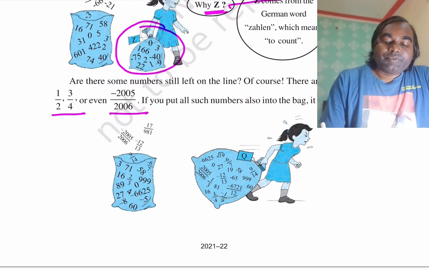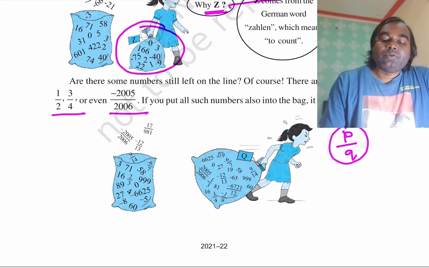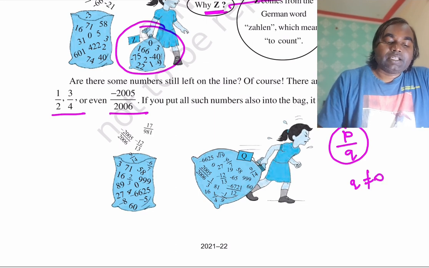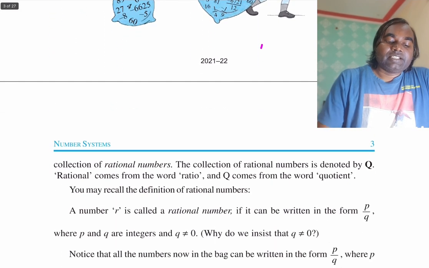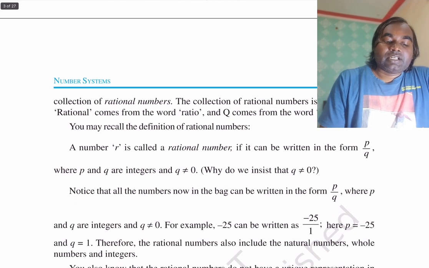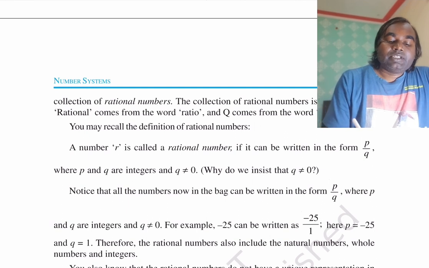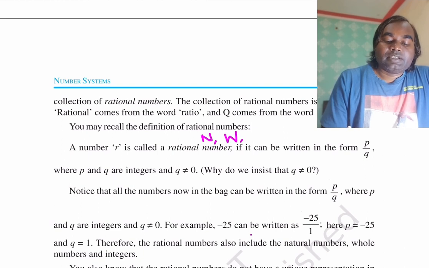That means if we can represent these numbers in the ratio format p by q, where q is not equal to 0 and p and q are integers, then these are called rational numbers, denoted by the symbol capital Q. Up till now we collected in the bag natural numbers, whole numbers, integers, and now the rational numbers.